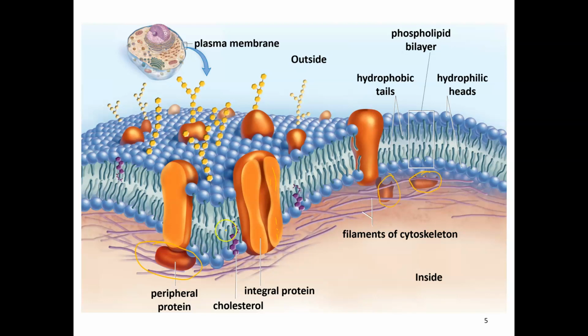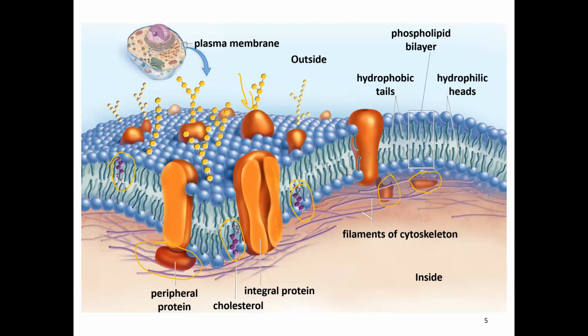You have carbohydrate, or not carbohydrate, I'm sorry, you have cholesterol here, you have cholesterol here, there's cholesterol right here. Up here we have carbohydrate groups attached to phospholipids, those are glycolipids. And here we have a carbohydrate group attached to a protein, so that would be a glycoprotein right here.